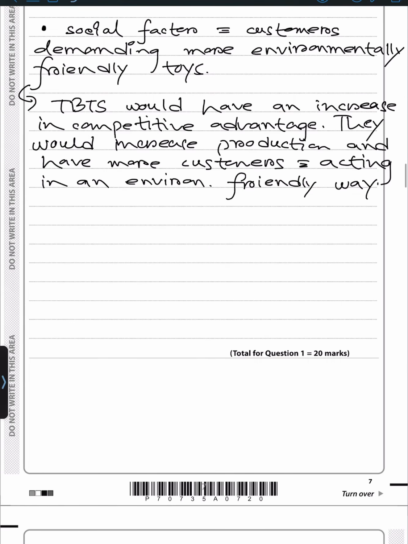Okay, so this is basically our first point. So that gives you 3 marks.